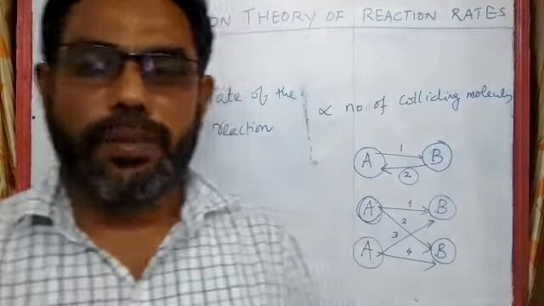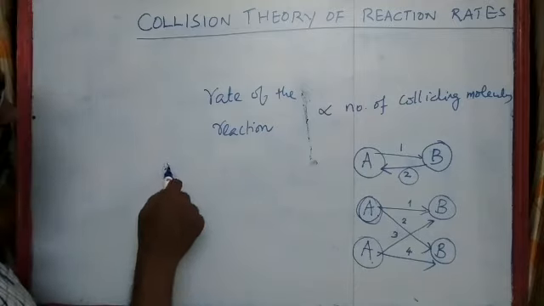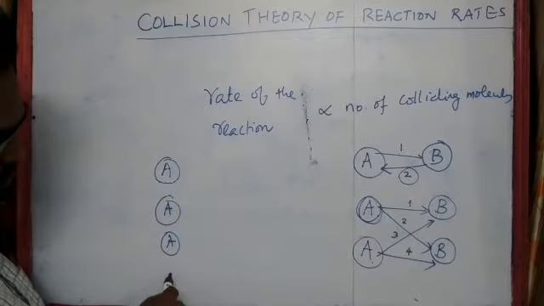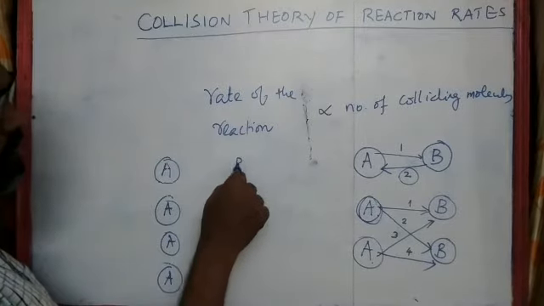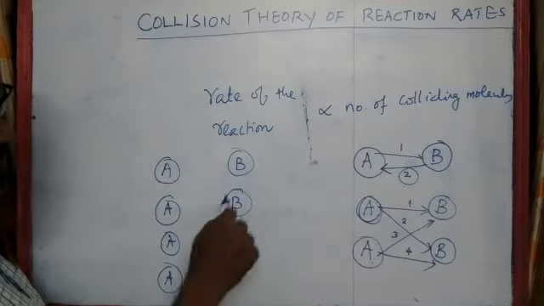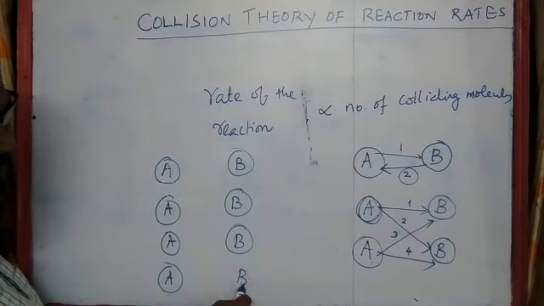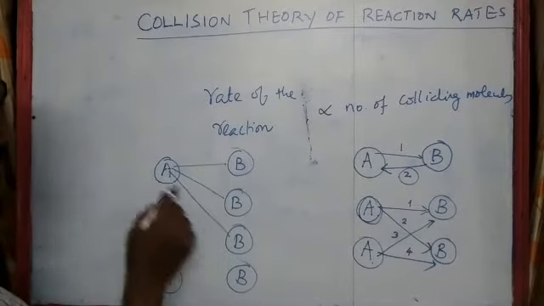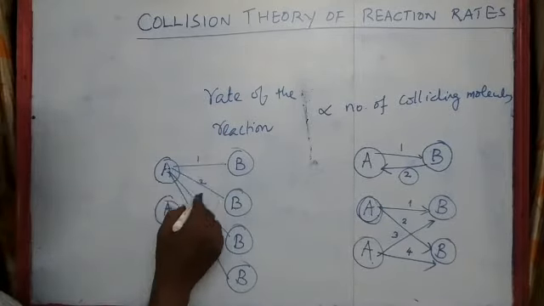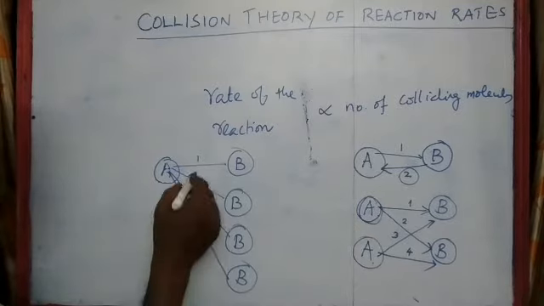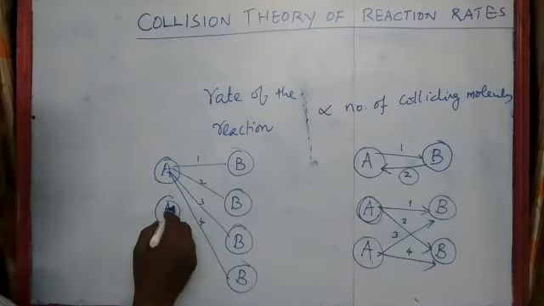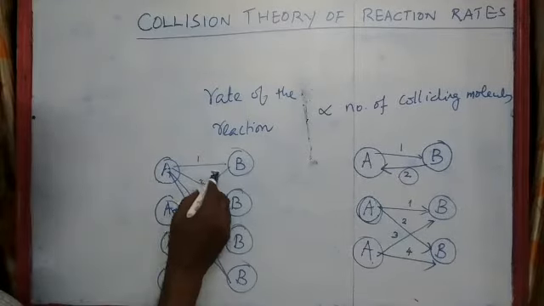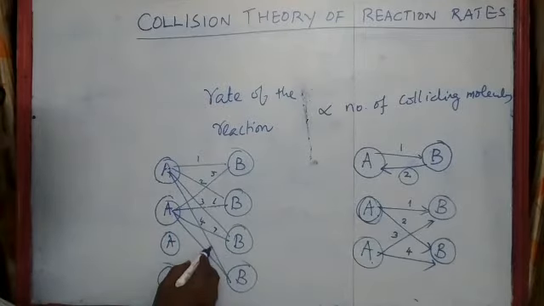Suppose you take 4 molecules of A and 4 molecules of B. Then A can collide with B, the first molecule can collide with B in 4 possibilities. Similarly, this can collide 5, 6, 7, 8.